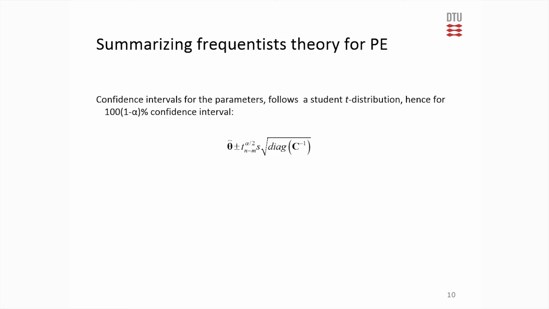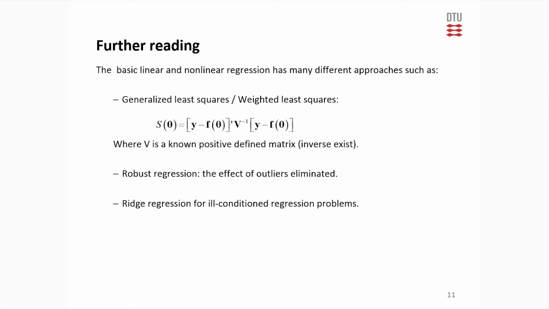In this lecture, the basic formulation of the parameter estimation theory within the Frequentist school has been reviewed. Building on this basis, there are different approaches to the maximum likelihood estimation formulation.